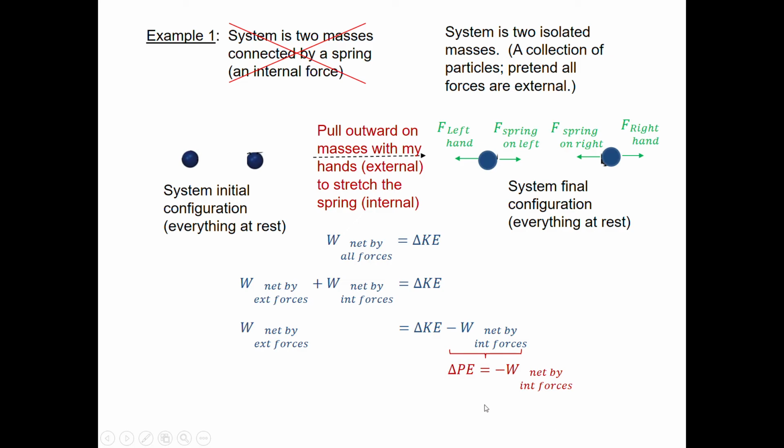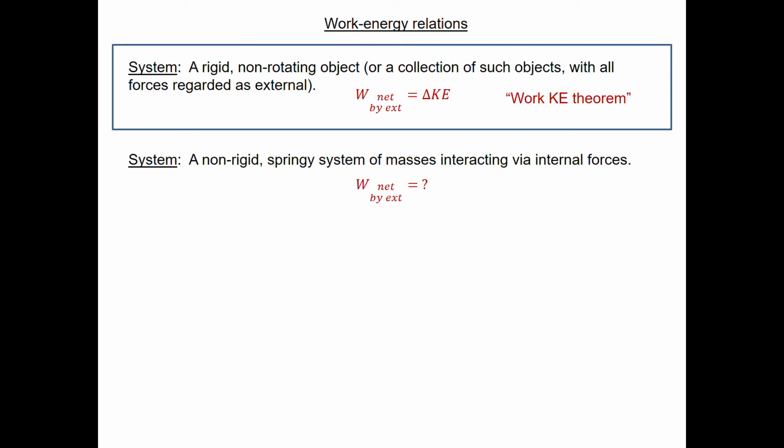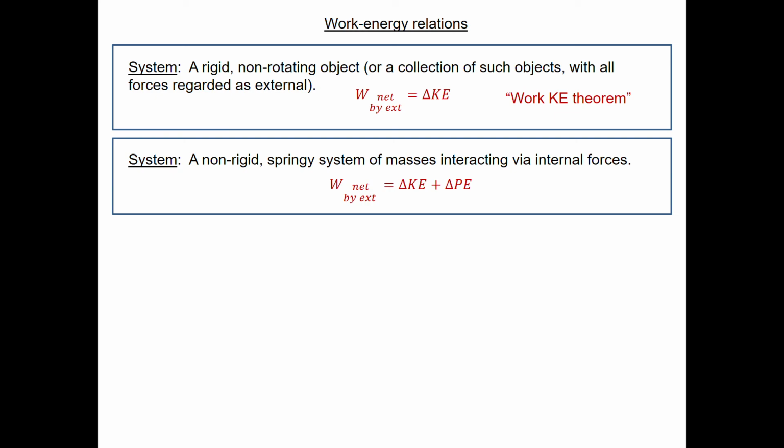And with that change, we have got something of the form that we really want. The net work done by only external forces is equal to the change in the kinetic energy of the system plus the change in the potential energy of the system. And that is a new kind of work-energy relationship that we're going to put into this list of work-energy relationships here.